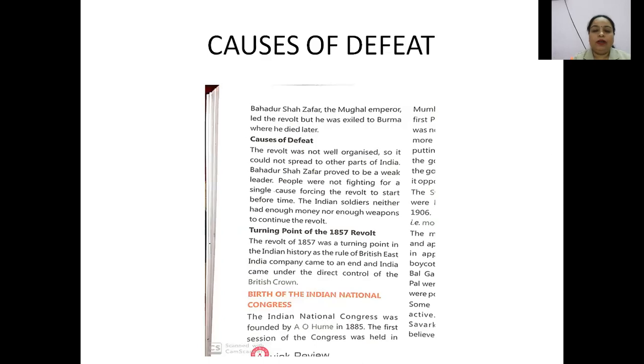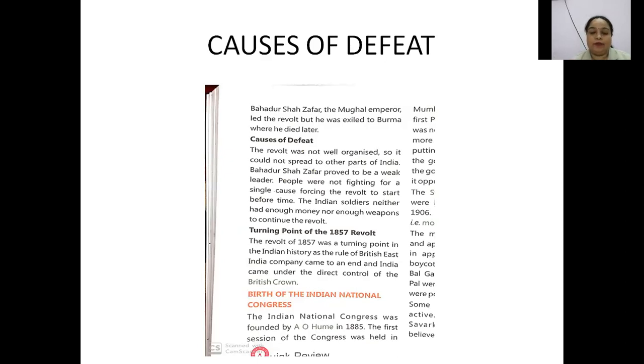Now, what are the main causes of the defeat of the revolt of 1857? Bahadur Shah Zafar, the Mughal emperor, led the revolt, but he was exiled to Burma, where he died later. Who was the head of the revolt? Bahadur Shah Zafar was very old at that time. He could not lead the revolt properly because he was very old.